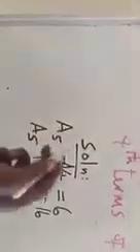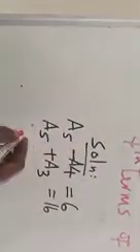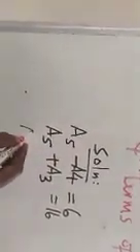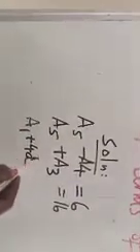So we can expand or define A5 by using the concept of arithmetic progression. We know that A5 is equal to A1 plus 4D, minus A4. A4 means A1 plus 3D, equals 6.